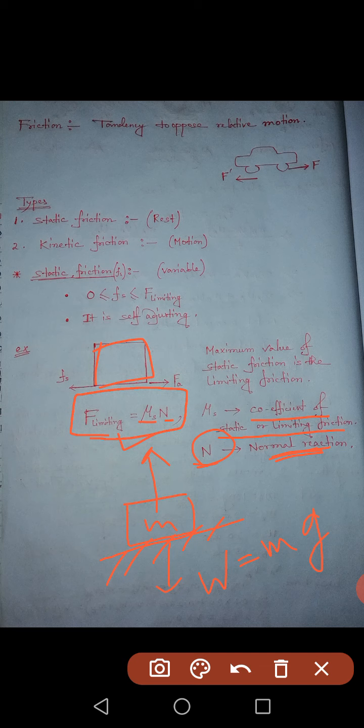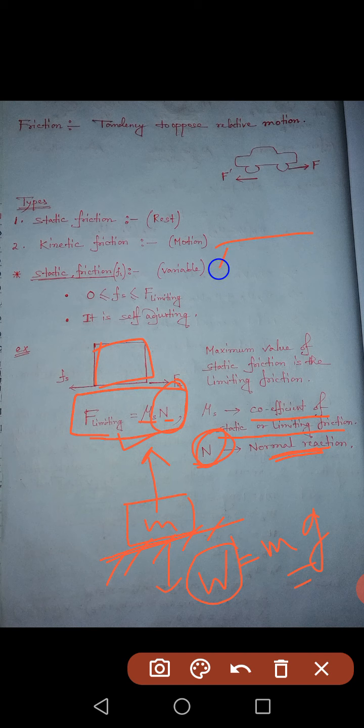Remember that in most cases, when the object is kept on a surface, this normal reaction becomes equal to the weight of the object. So in this formula, in place of N, what can we substitute? Mg, provided the object remains on a horizontal plane.